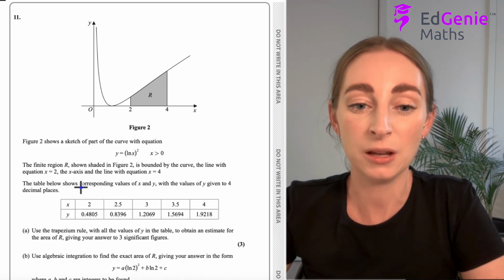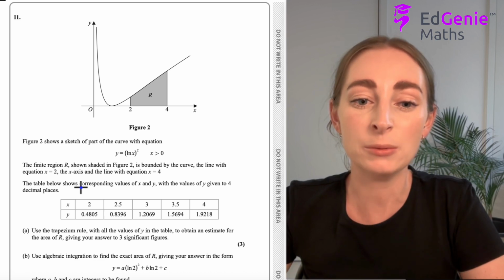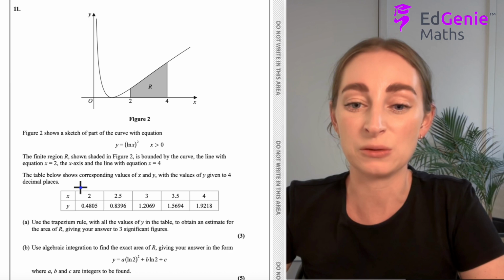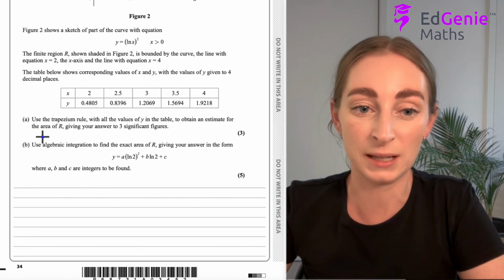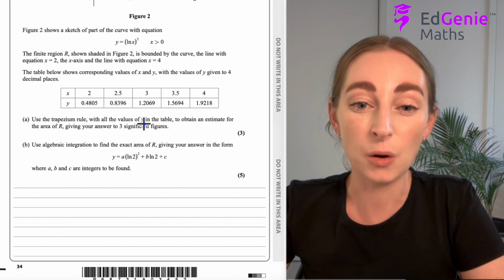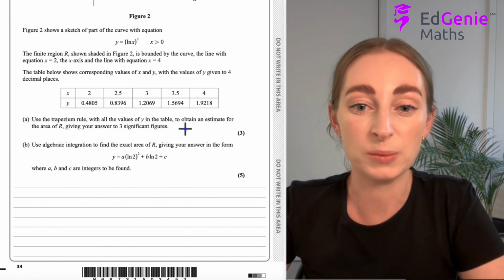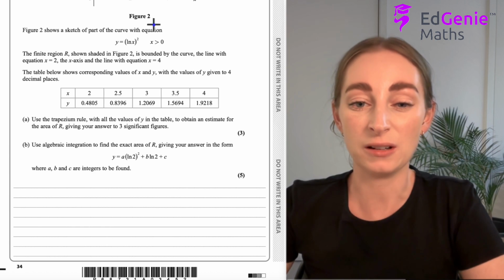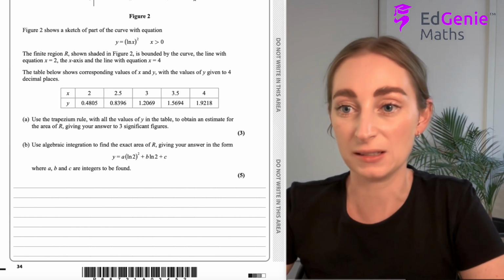The table below shows corresponding values of x and y and the values of y given to 4 decimal places. Use the trapezium rule with all the values of y in the table to obtain an estimate for the area of R, giving your answers to 3 significant figures.